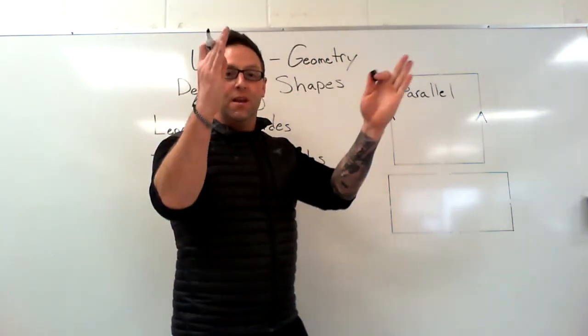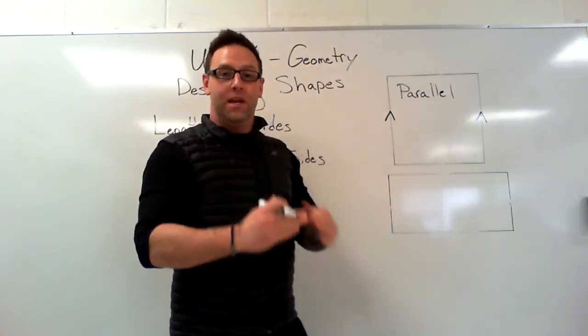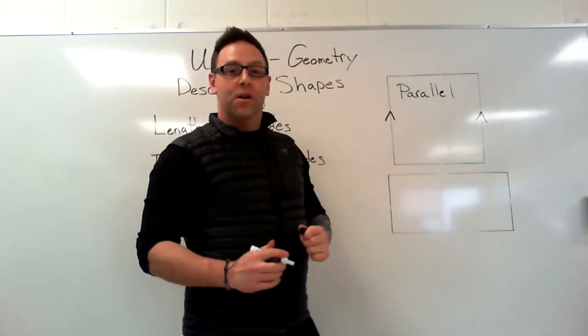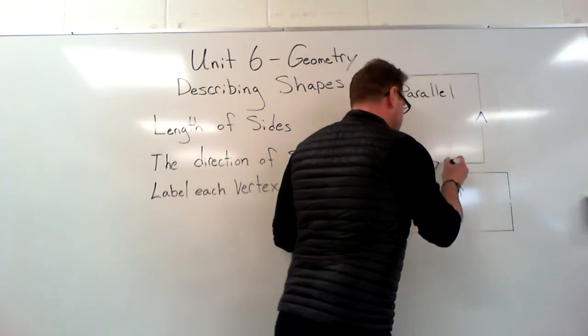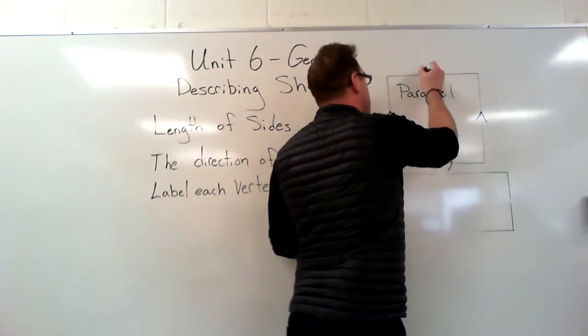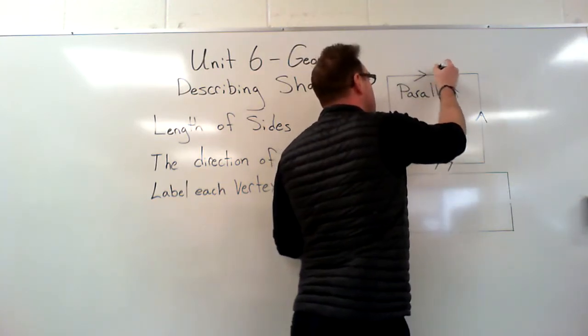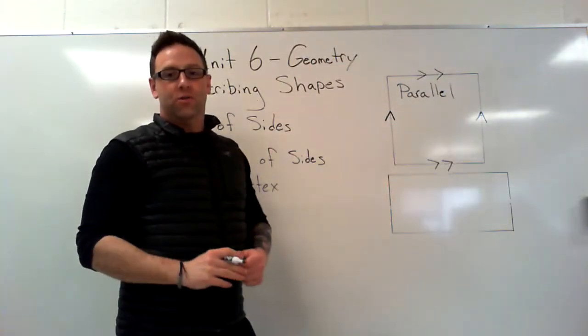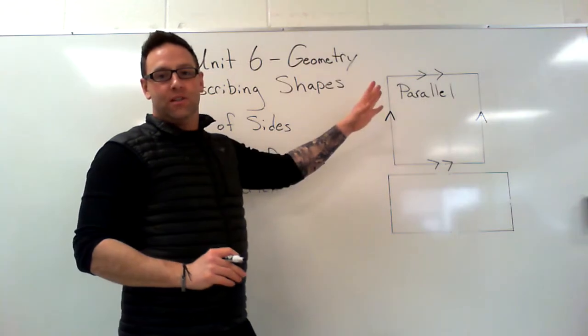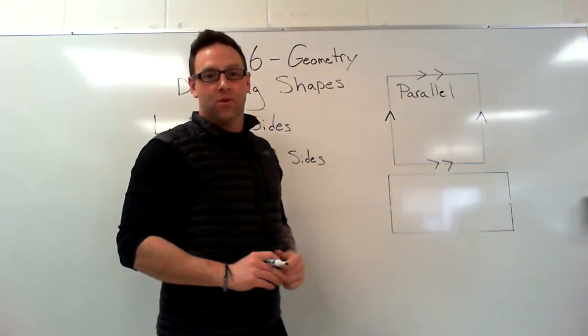They're going to go the same distance apart and they're never going to meet. So we can label them with a different set of arrows. Those arrows show that these 2 sides are parallel and that they're running in the same direction.